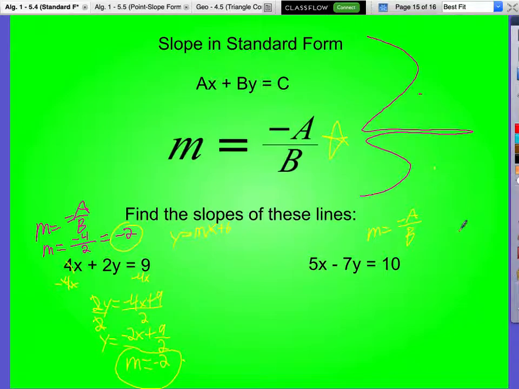Hey, who wants to tell me what their slope would be? Rachel. 5 over 7. Okay? So if we have negative a over b, negative 5 over, what's our b? Negative 7. Negative divided by negative is positive. Questions on that?